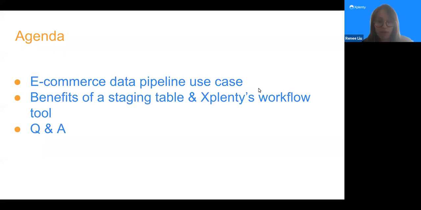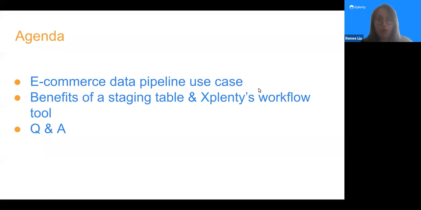And then after that, we are going to perform some quality checks on that staging table before we send the data in the staging table to the production table. So that's basically the use case for today's demo.